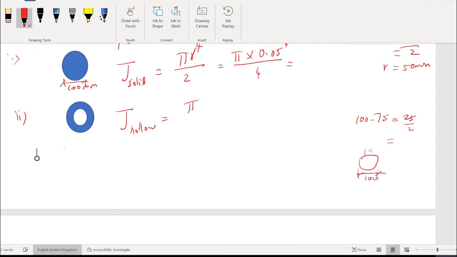You remove 75, you are left with 25, which should be shared by both sides. As I'm doing here, it will be 12.5.